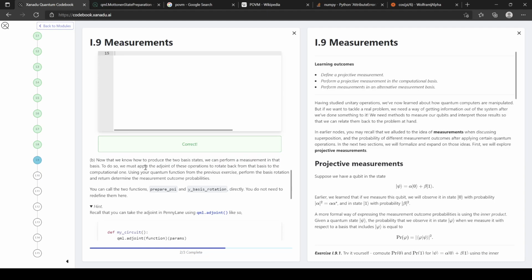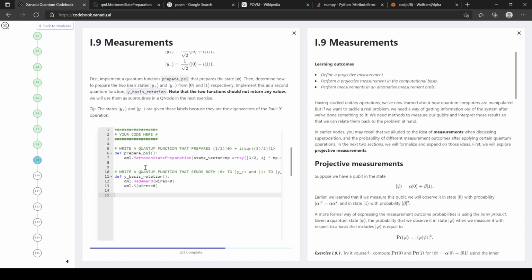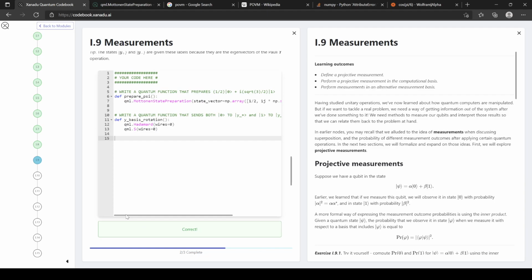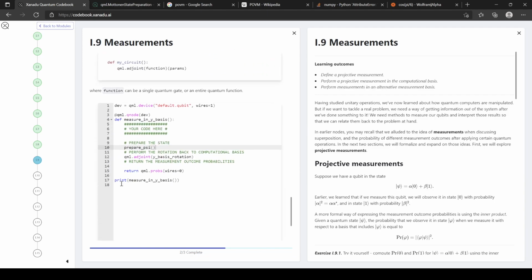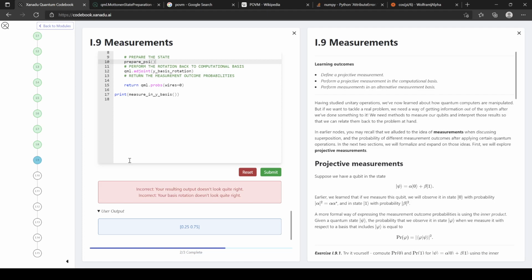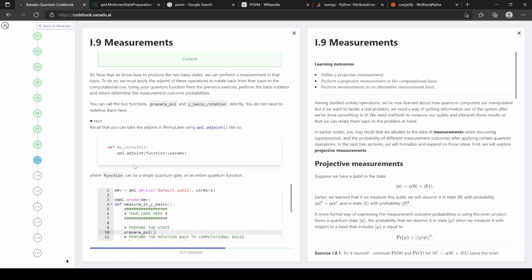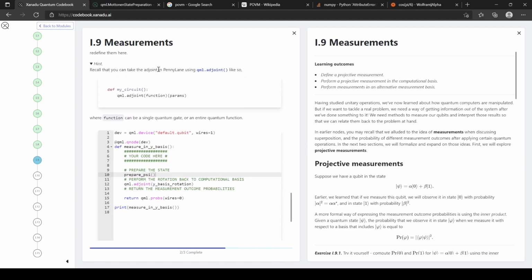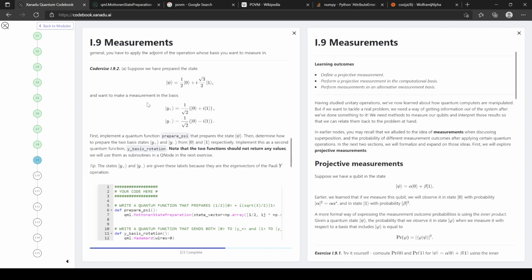Is apply the adjoint of the operations to rotate back. Do not know what is going on here. Maybe I don't understand the problem. So we have this state function. We want to make a measurement in the y basis.